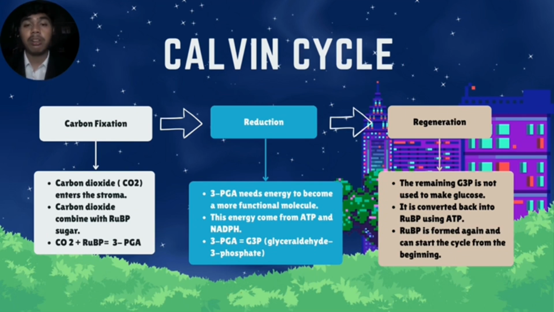From that process, we produce G3P. And then we move to the last stage, which is regeneration. In this process, the remaining G3P that is not used to make glucose will convert back into RuBP by using ATP. RuBP is formed again and can start the cycle from the beginning.